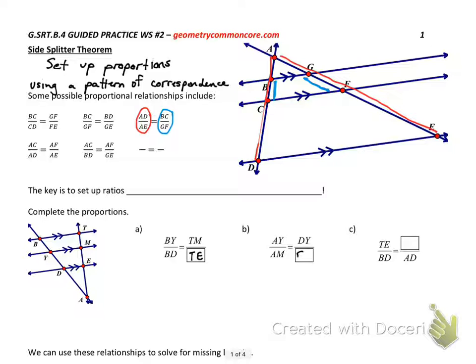EM. All right. So if you didn't come up with this, see if you can figure out why. And if you still aren't sure why we did it, we're going to have some time in a minute where you'll have some work time and I can come around and help you and explain why this is the case. All right, and last one, TE over BD is going to equal something over AD. What is that something going to be? AE.